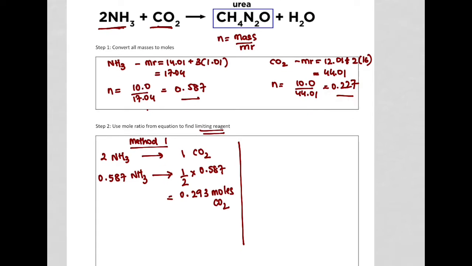So these two number of moles that you can see here, these are the number of moles of substances that we have. And the one that you're calculating here is the amount of carbon dioxide that you would need. But you would need more carbon dioxide than what you actually have, which means that the amount of carbon dioxide is less than what you would need if all the ammonia would react, which means that carbon dioxide is limiting the reaction from going further.